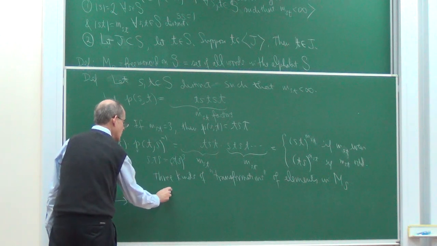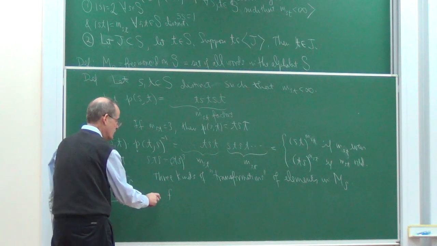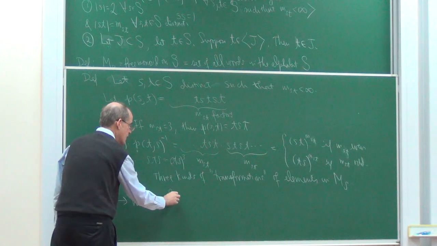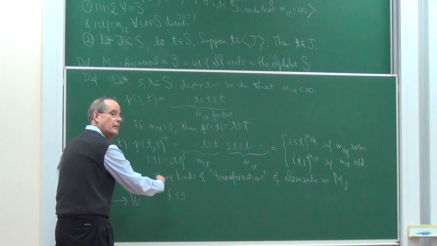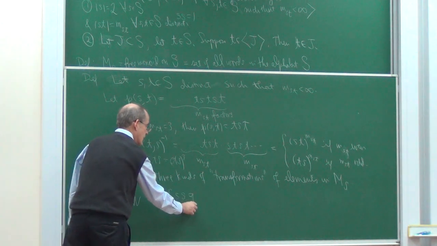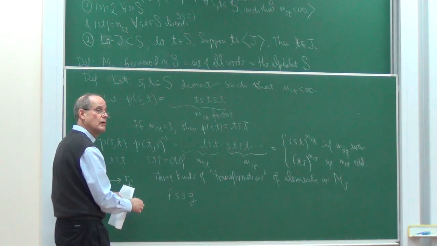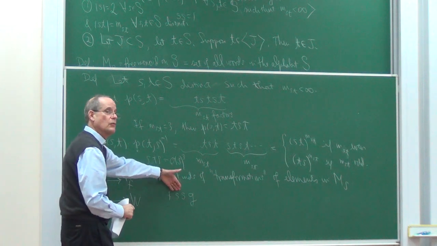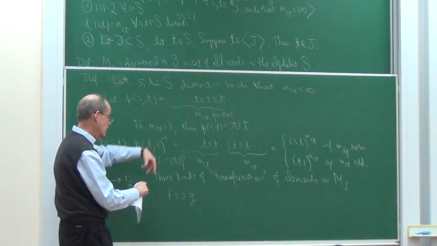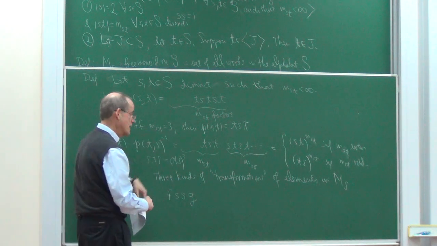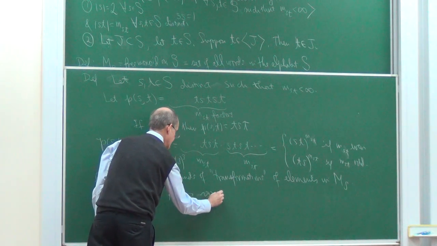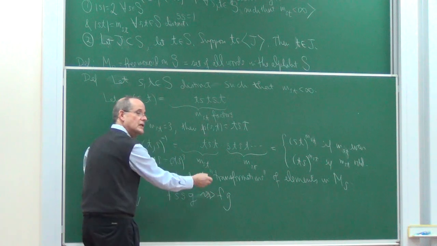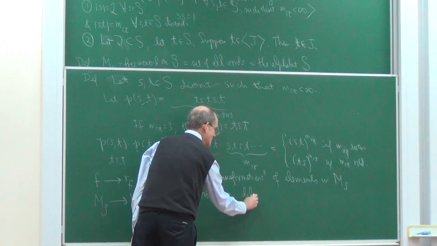You take a word which starts with a word F, and then you see some element in big S appearing twice in a row, and then some other word G. So F and G are arbitrary words. But suppose you have a word that looks like this. So somewhere in the word you have a double letter appearing. And then you just delete this double letter. This transformation is called a deletion.